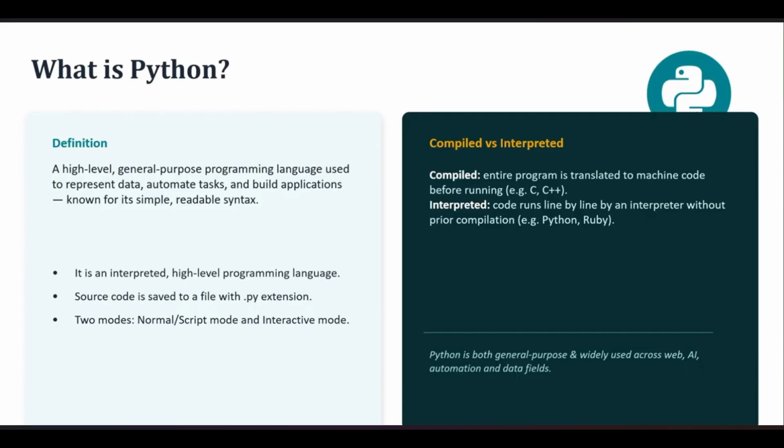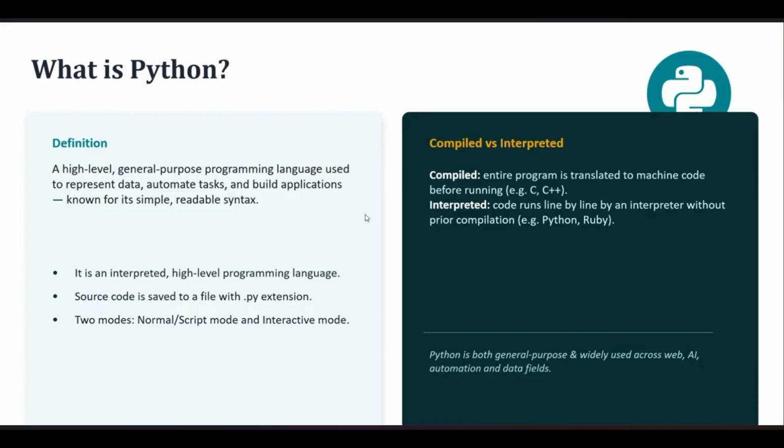Python is used in web development to build websites, and it is used in artificial intelligence and machine learning, data science to analyze data, and it is used in automation to reduce manual work, and it is used in cyber security, cloud computing, desktop applications, and many other technologies. That's why Python has become one of the most popular programming languages in the world.